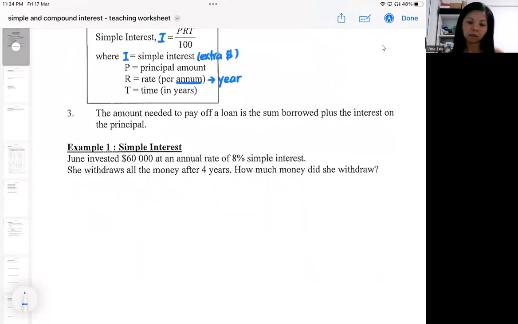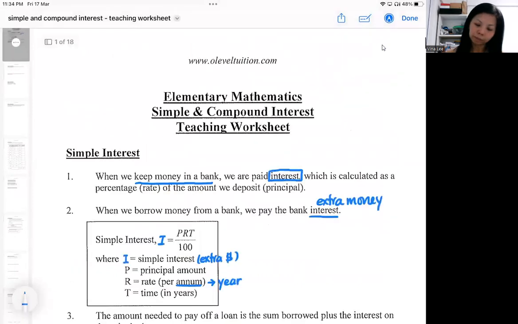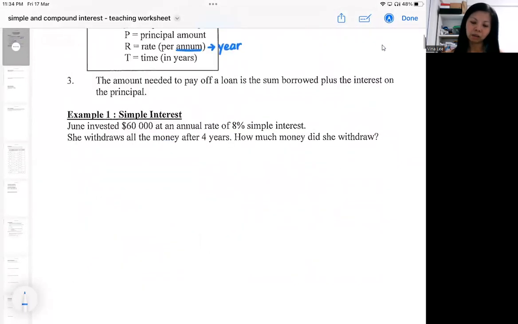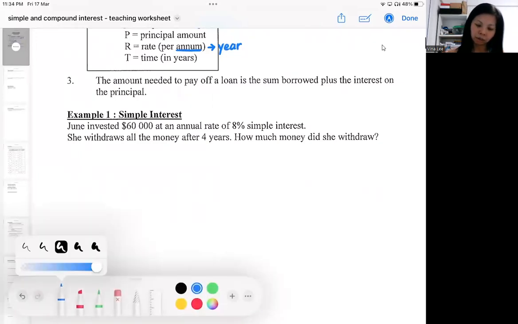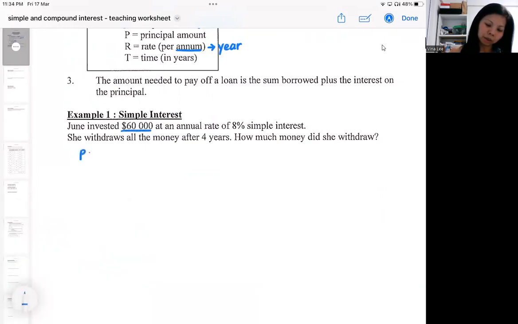June invested 60,000 at an annual rate of 8% simple interest. The annual rate is a yearly rate. From here, you should be able to tell that the principal amount is 60,000, the R is 8%, and the time is 4 years.